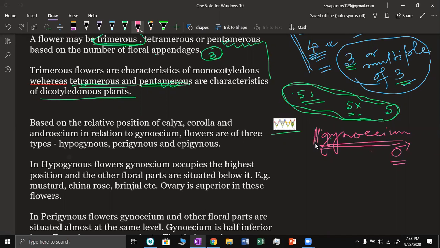So a flower has a very important character, which one is above, the gynoecium or the other floral parts. That is the relative position of the calyx, corolla and androecium in relation to the gynoecium.